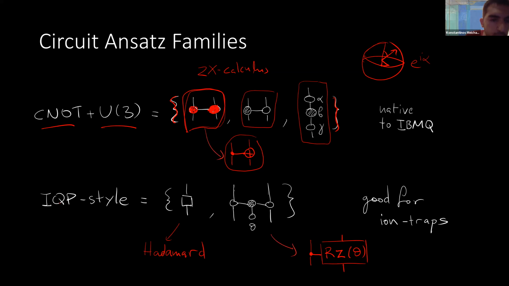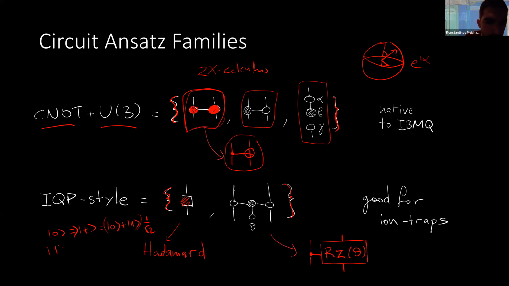So another family we can use is this gate set. Instead of CNOT and single qubit rotations, we can use this one. This is the Hadamard gate, which basically sends the 0 state to the plus state, the equal weight superposition of 0 and 1.